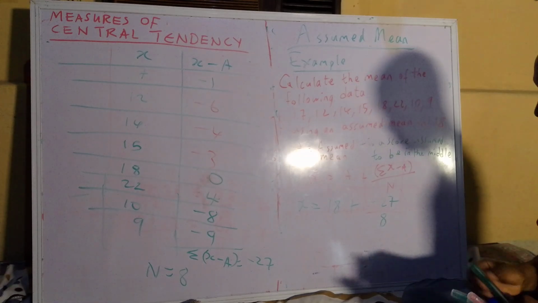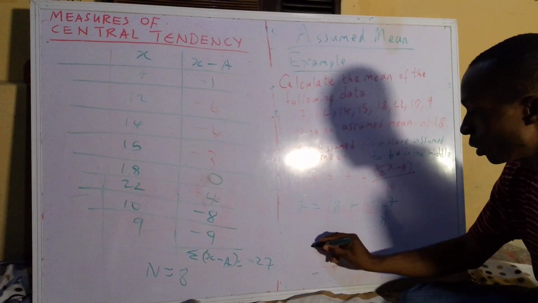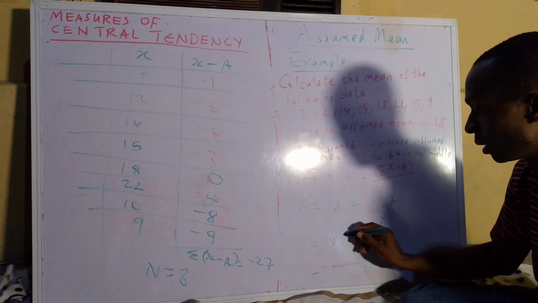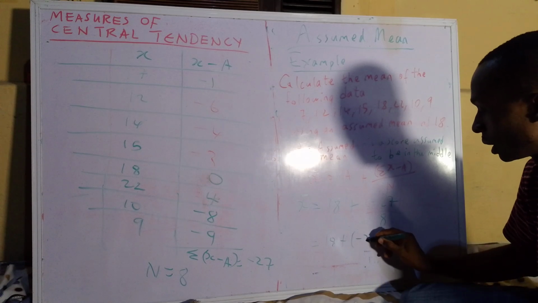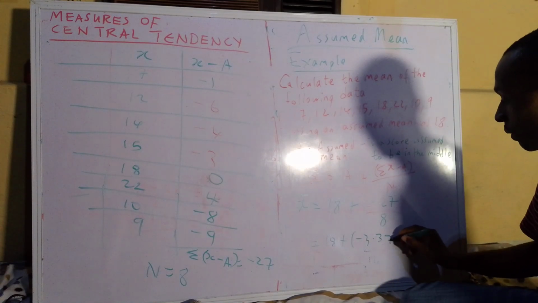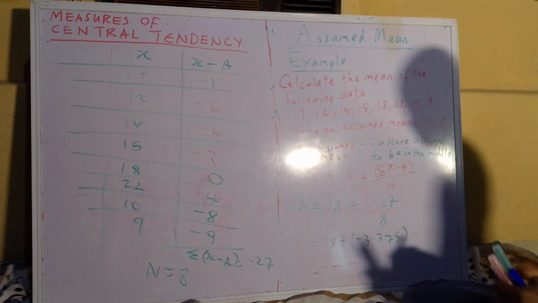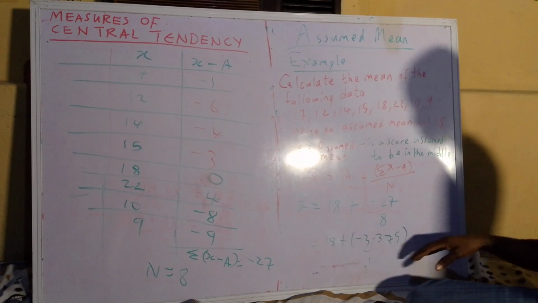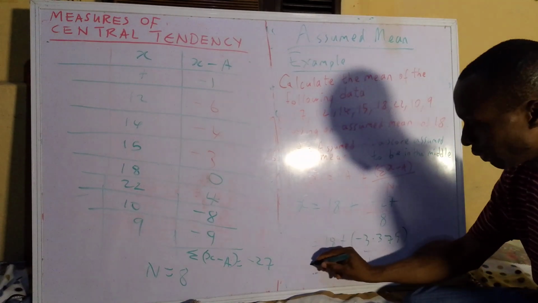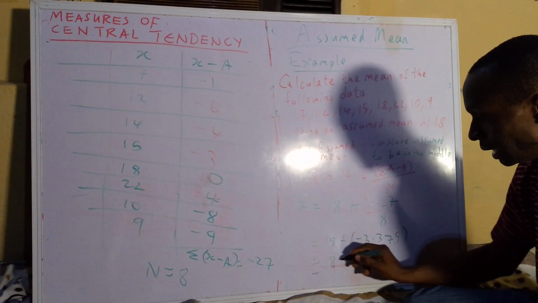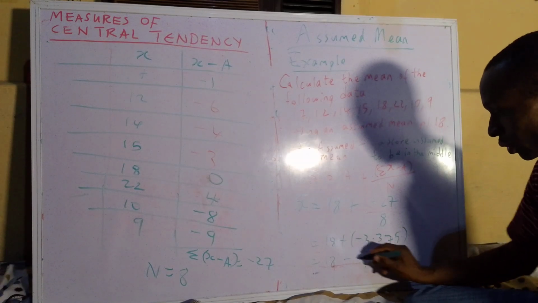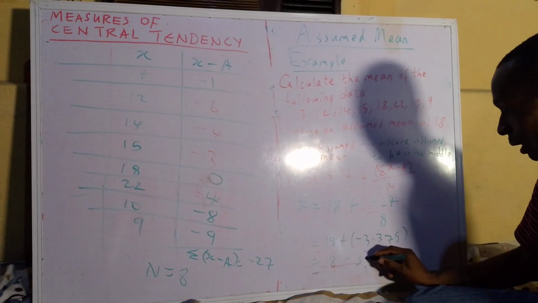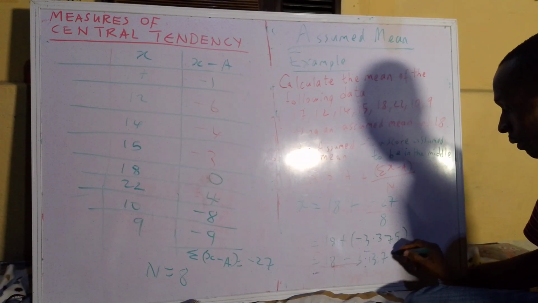So you now write it down: equals 18 plus, in bracket, minus 3.375. You close the bracket. This is how you should solve it to avoid mistakes. And that will give you 18 plus times minus changes to minus. Go step by step. 3.375.